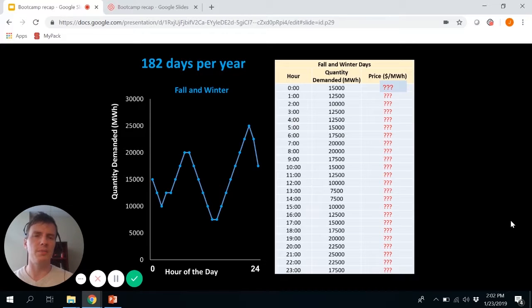That information in the first two columns is exactly what's plotted on the figure on the left. And now what we want to do is estimate the market clearing price of electricity at each hour of the day, where at each hour we have a different demand for electricity that we can use to interact with our system supply curve to estimate wholesale prices for electricity. So let's see how that would work.